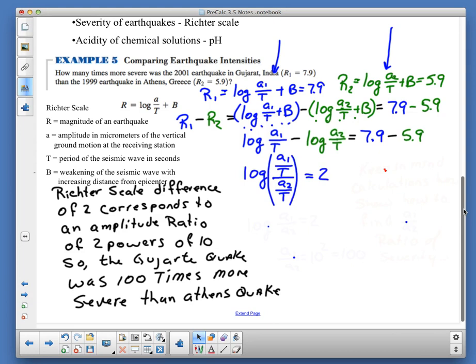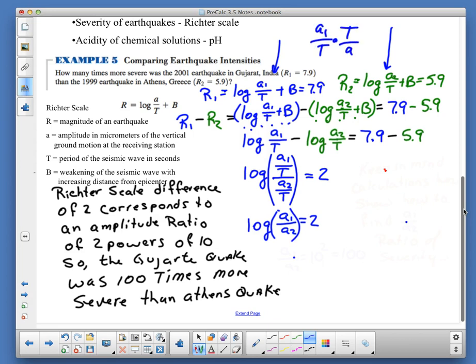I got a kick out of this when I went through it: the t's would knock each other out, so it's A over 1 or A over 2, and this is still inside my fraction. For those wondering where the t went, remember A over 1 t times t over, so the t's would cancel out. That's how I was able to go from one step to the next.